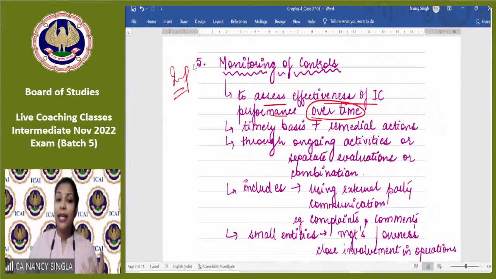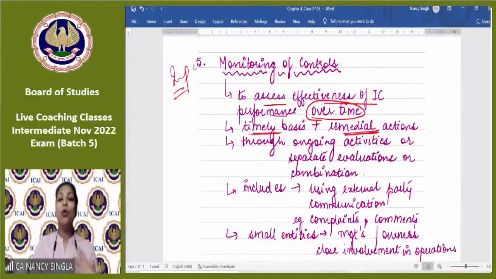Why? So that the effectiveness can be reviewed on a timely basis, and in case any remedial action is required, the same can be taken. Okay? So monitoring of control.